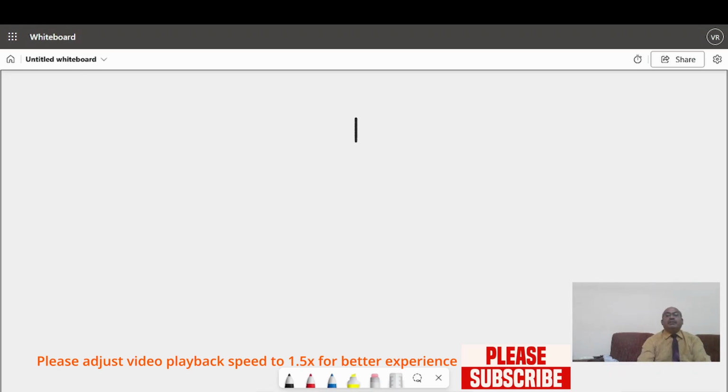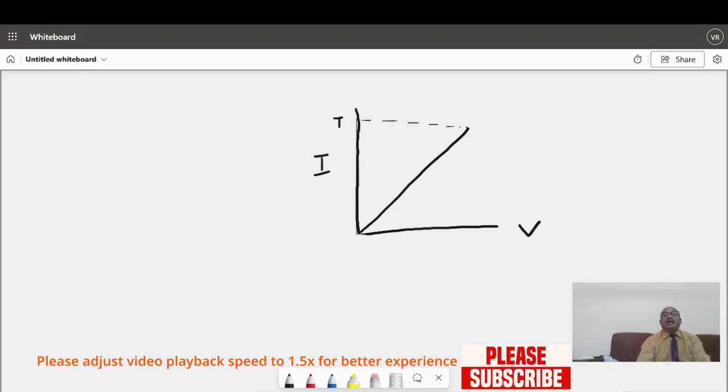For example, this is voltage, this is current. The property of resistance is always a linear quantity. For example, this is I1 and this is V1, so R1 is equal to V1 by I1.